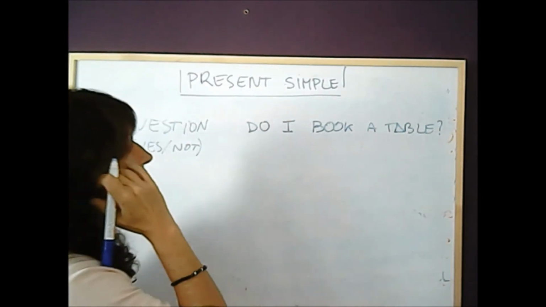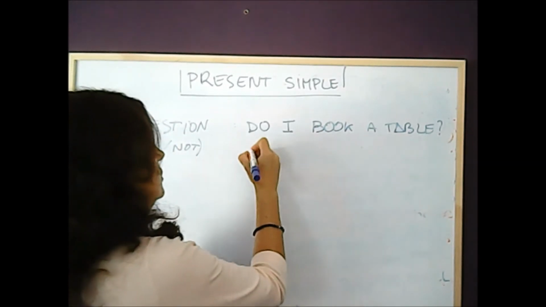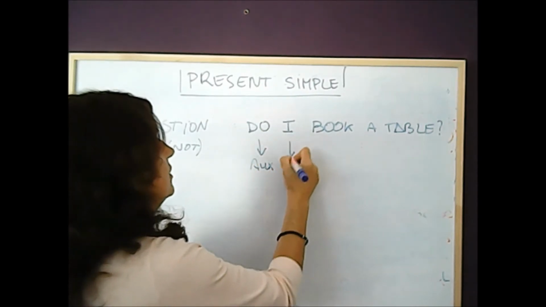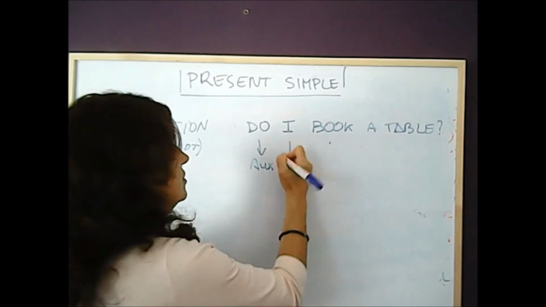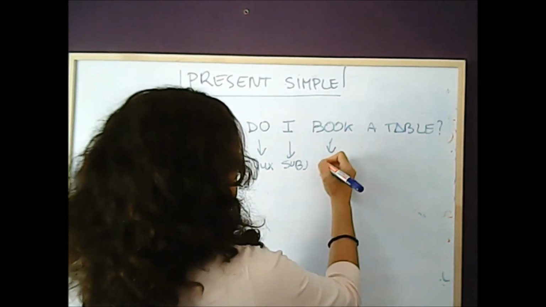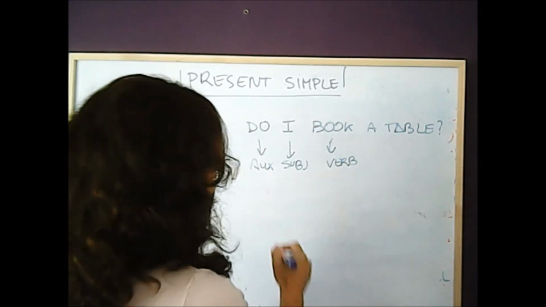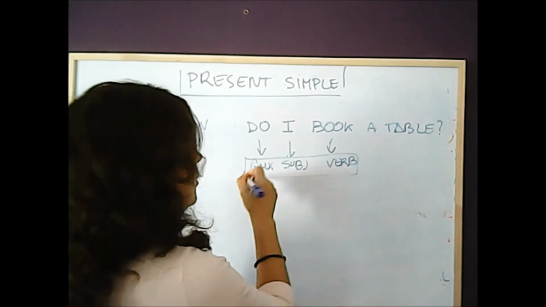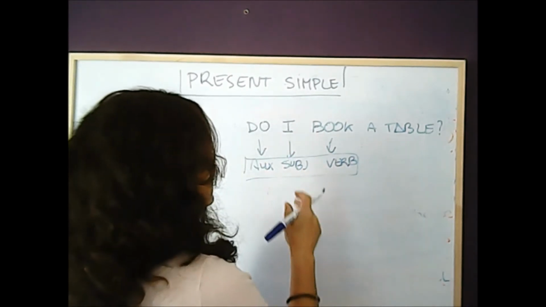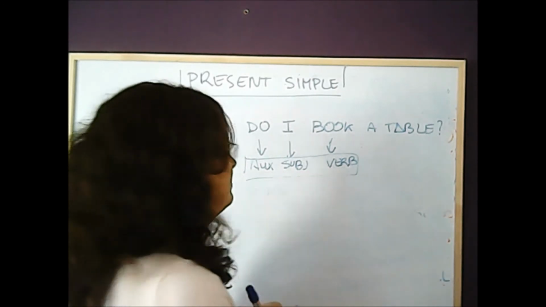A hotel? Okay. So, the construction. We see the auxiliary, the subject, and the verb. First, the auxiliary, do or does, the subject and the verb. Okay? Let's go.